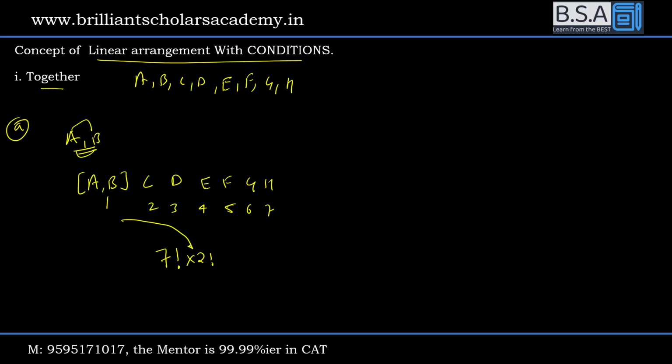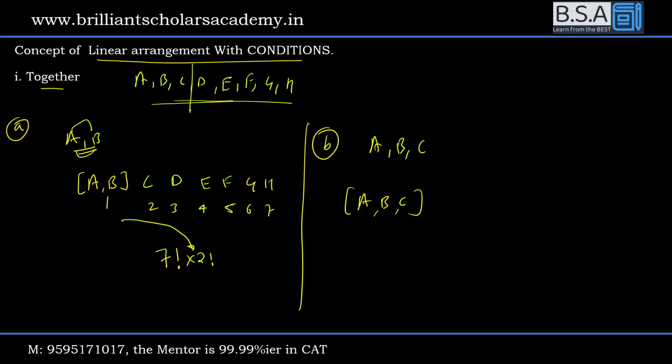Yes, this is for arranging A and B. If the question says A, B and C should be together, so you combine them A, B, C. और हर बार लिखने की जरूरत नहीं है, देखो ऐसा करो, out of 8 3 are gone, remaining are 5, but उस 5 में एक ग्रुप आ जाएगा, तो 6 factorial. Can I rearrange ABC within the group? So that 3 factorial is for ABC.